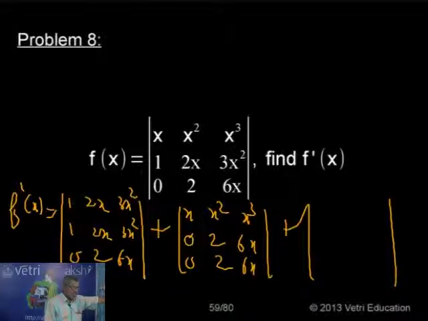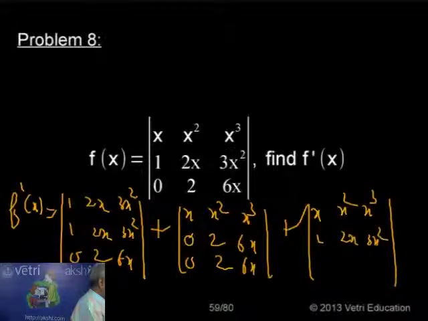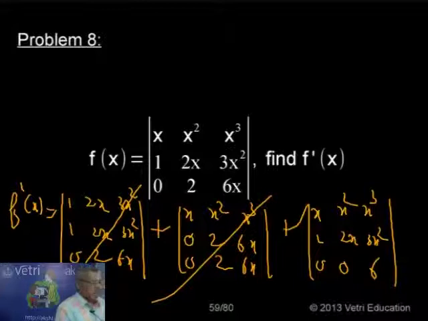The third determinant, keep the first 2 rows as they are. Differentiate the elements in the third row: 0, 0, 6. Now, this determinant is 0 because the first 2 rows are identical. Here the last 2 rows are identical, 0. It is enough you expand this and get the answer.